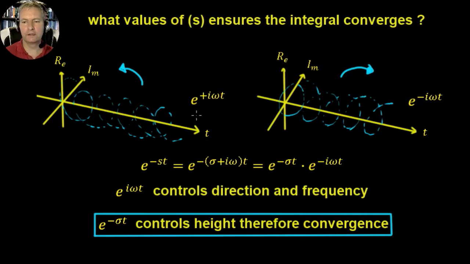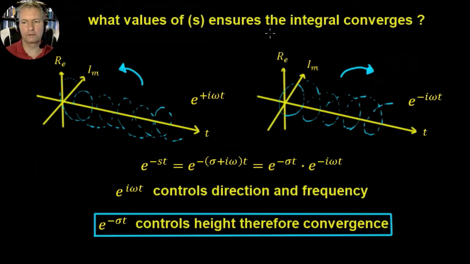So this e to the i omega t doesn't have any effect on the height of this function. Therefore it doesn't have any effect on the convergence. The only thing that has an effect on the convergence is the factor e to the minus sigma t. So e to the minus sigma t has the effect of modulating this function.